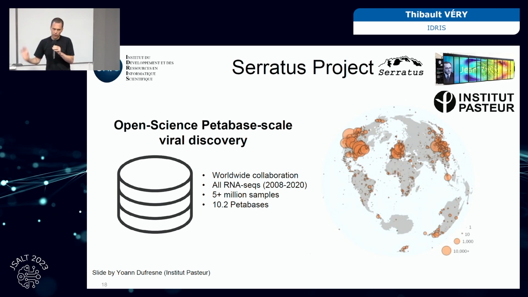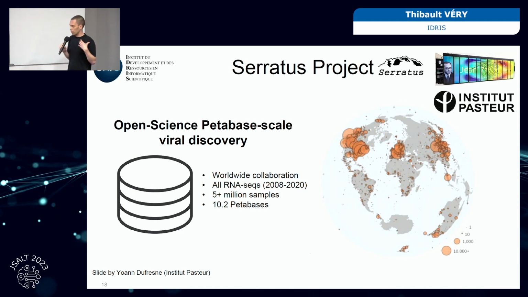Okay, so I just finished with AlphaFold, and I want to present shortly something that was done on Jean Zay. Jean Zay is the machine at IDRIS. And it's a project called Serratus. It's an open science project where the goal is to find new viruses.